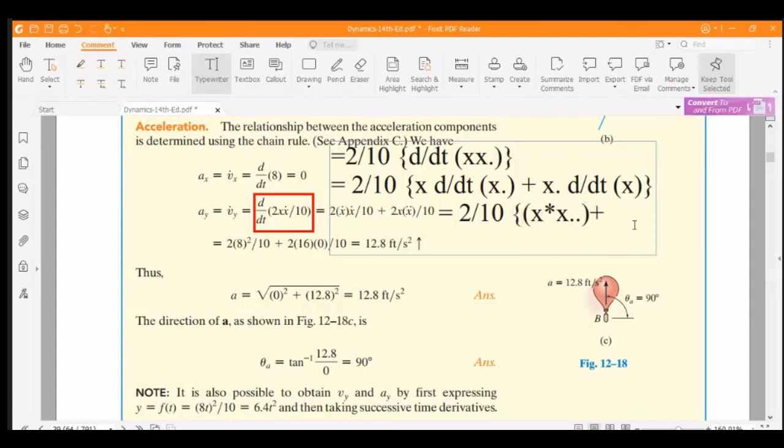And here it will be x dot into x dot. Isn't it? Now you see, agree?